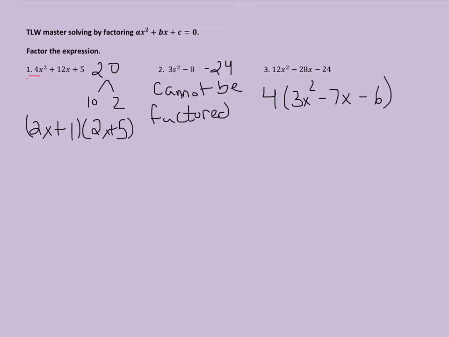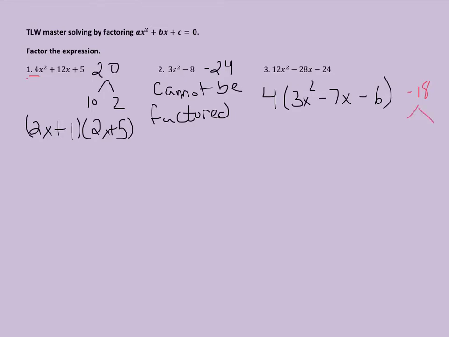So now instead of having to do 12 times 24, because you always want to factor out common numbers first, you have to look for what multiplies to negative 18 and adds to negative 7. Remember, they multiply to a times c and add to b.